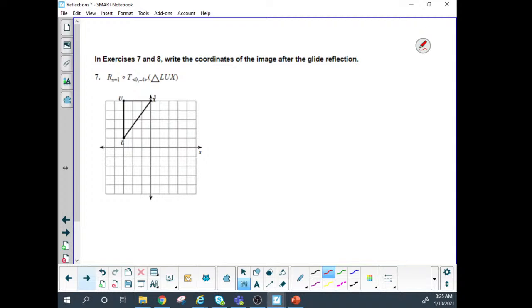Nothing wrong with that, but x equals 1 is a vertical line. And notice the direction of movement, I'm not going left or right. So t is 0, translating 0 units left or right, 4 units down, right? This vector 0, -4 would look like that, just going straight down 4 units.